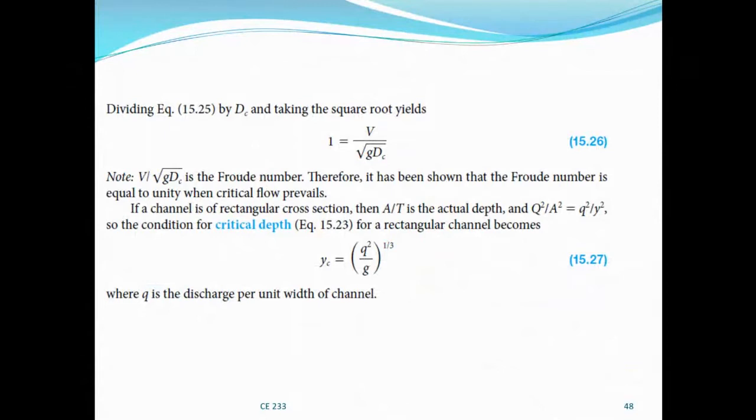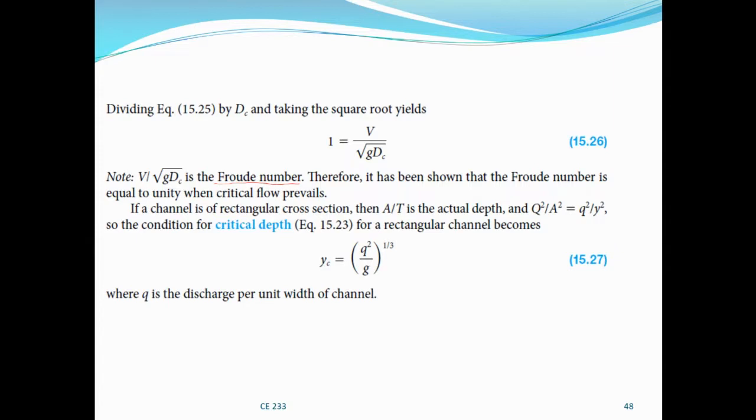And that means 1 is equal to v over square root of gd, which is the Froude number. It's a dimensionless number. You remember we talked about the Reynolds number before.